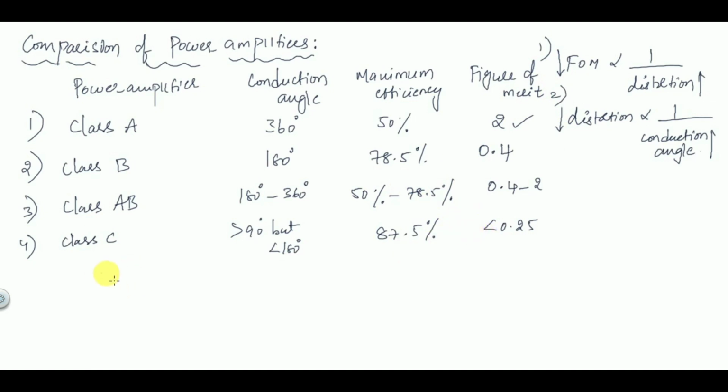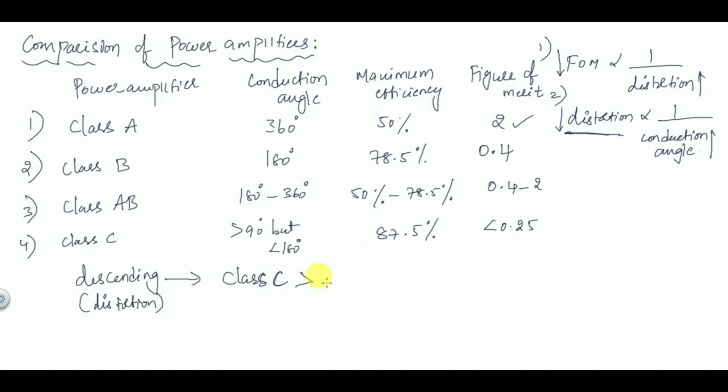If you are given all the power amplifiers and asked to write the order of distortion, suppose in descending order, that is maximum to minimum, here is an example of how to write it. Distortion is more in class C, so the class C power amplifier comes first, maximum first and minimum at the last.